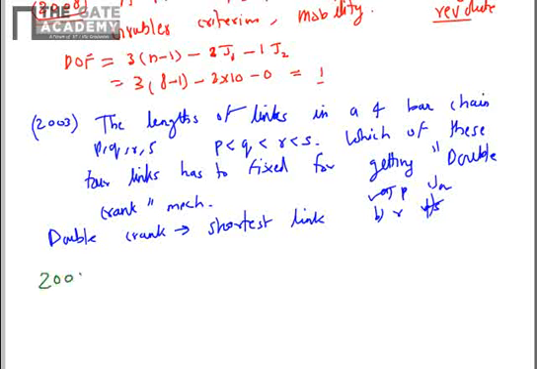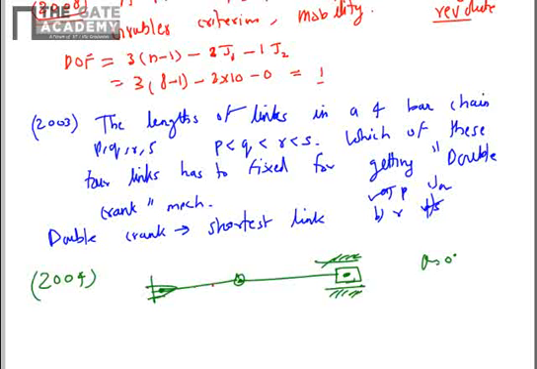Another question that was asked in GATE 2004 was a slider crank mechanism given in a 0-degree crank angle position like this. So the crank angle theta is equal to 0 degree. This forms almost a straight line. The question asked was to find the mechanical advantage of the system.